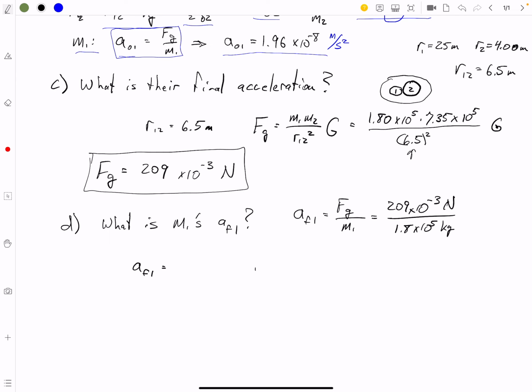So that'll be 1.16 times 10 to the minus 6 meters per second squared. All right. And that's what we want. Okay. Let's do E. What is the velocity at impact?